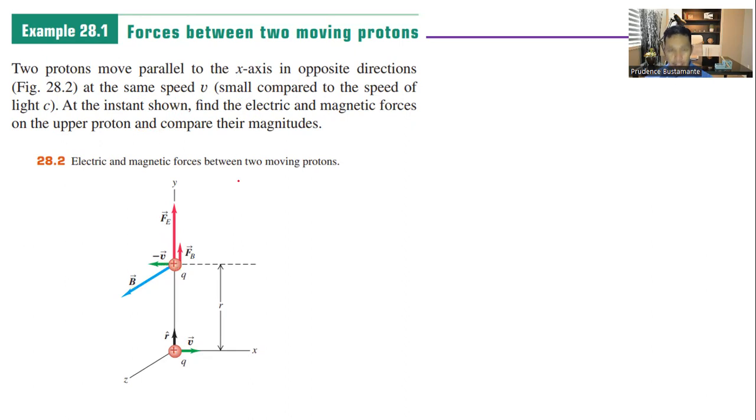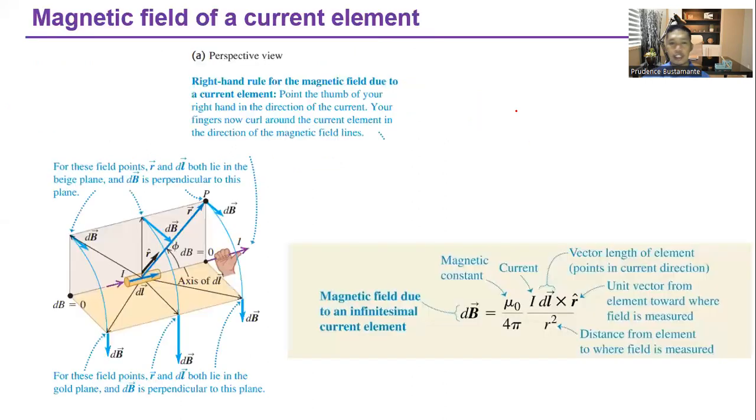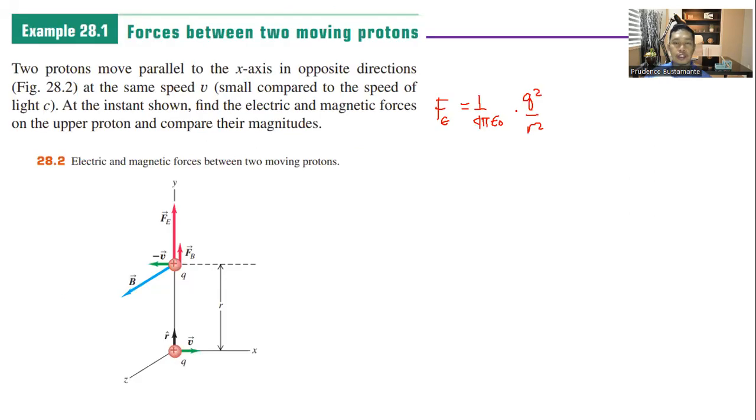So we are asked to find the magnetic force and the electric force. If you recall, the electric force is just equal to 1 over 4 pi epsilon naught times Q squared over R squared.